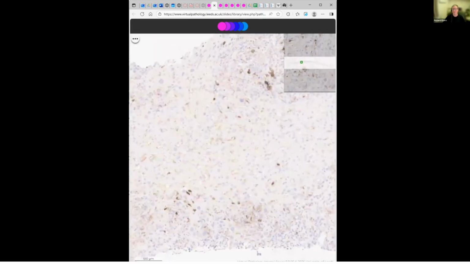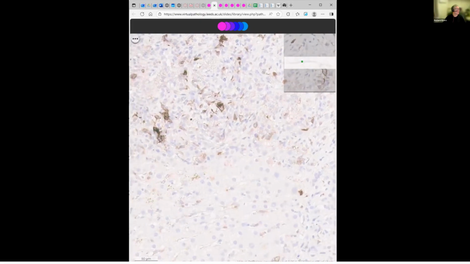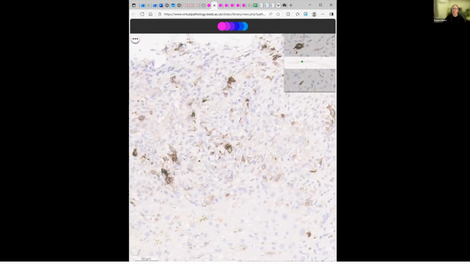And this is positive in the larger cells. So it's a lot positive in larger cells. And they also gave us some additional information, which I will just put into the chat so that people can see it clearly.